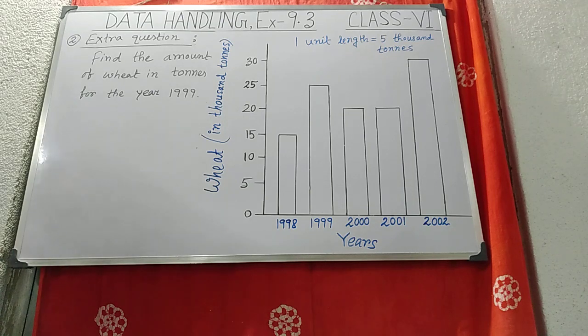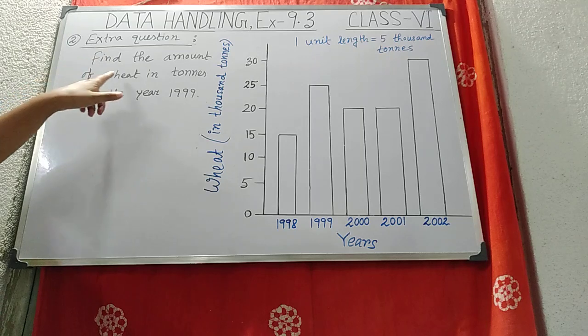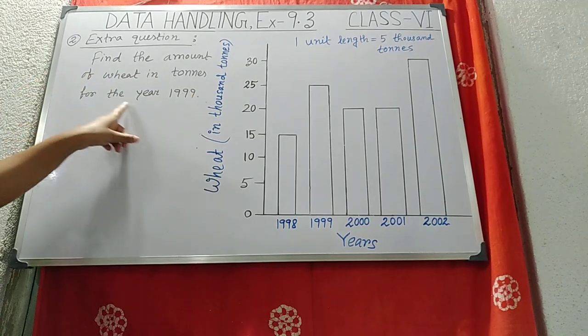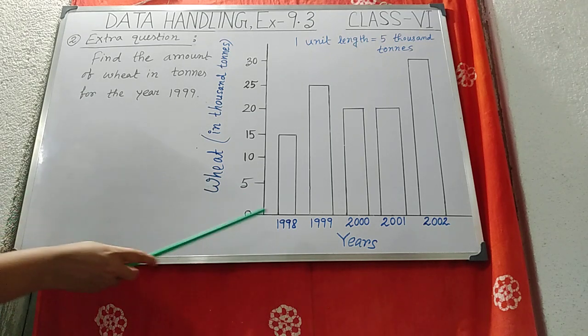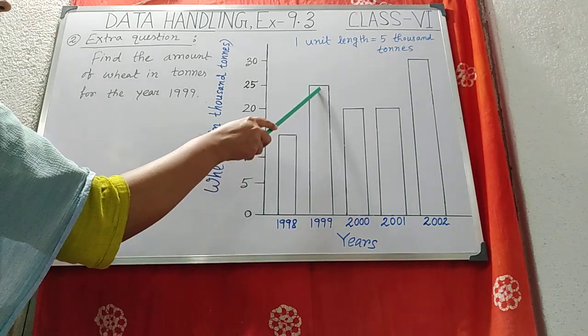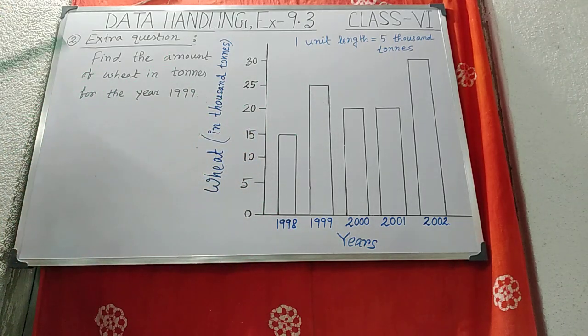Now I am giving one more extra question for you. Find the amount of wheat in tons for the year 1999. So here in bar graph we can see that in the year 1999 the amount of wheat purchased by government was 25.